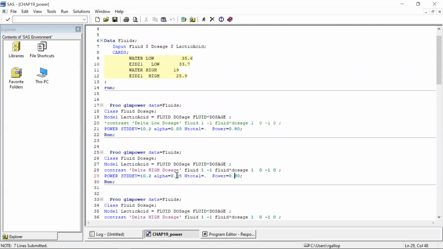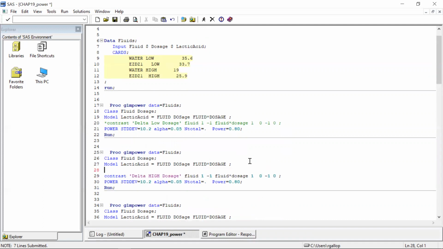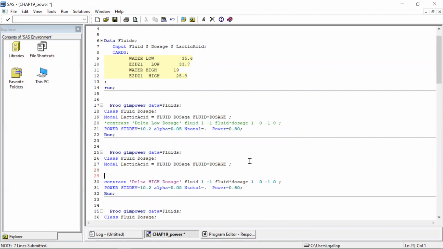So if we want to do the difference between high dosage, if we were looking at estimate statements, now proc power does not have estimate statements, only contrast statements.